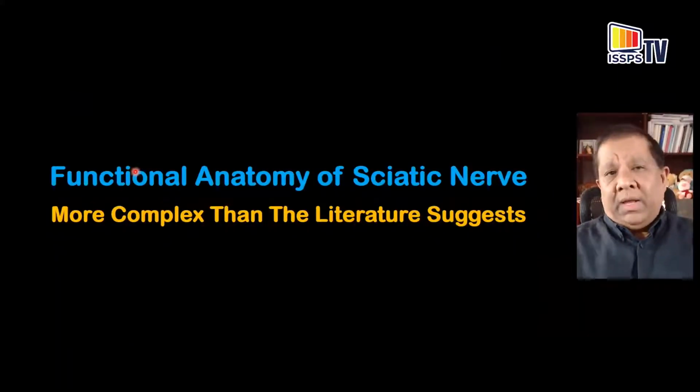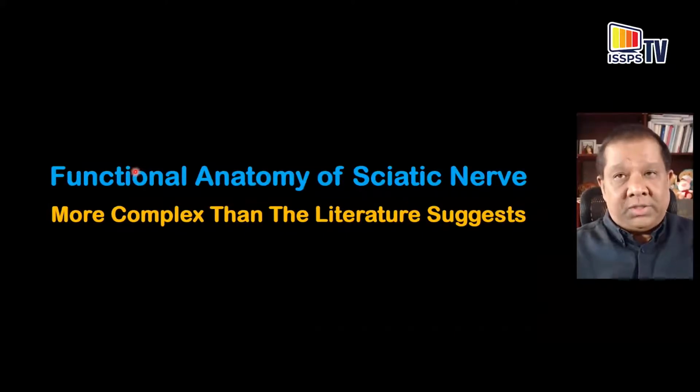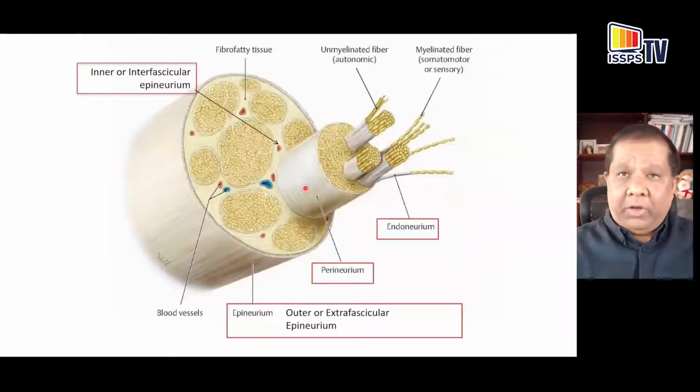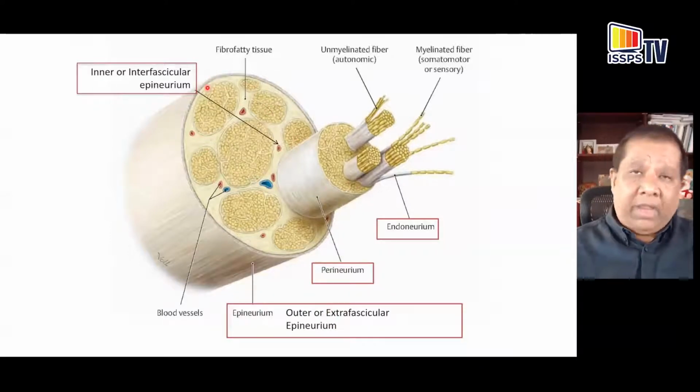So therefore, the anatomy of the sciatic nerve is indeed more complex than what the literature suggests. What am I saying? Now, the concept of epineurium, perineurium, endoneurium is right when you talk about any nerve.